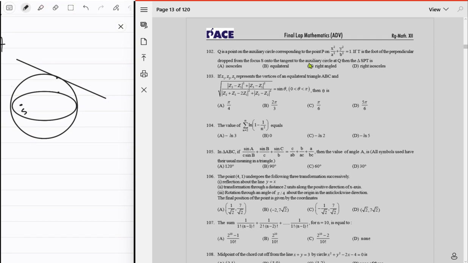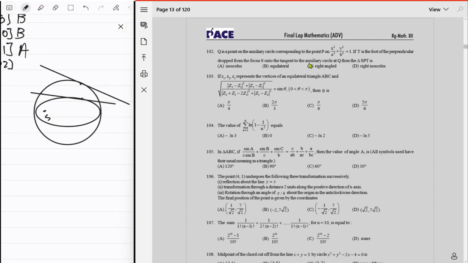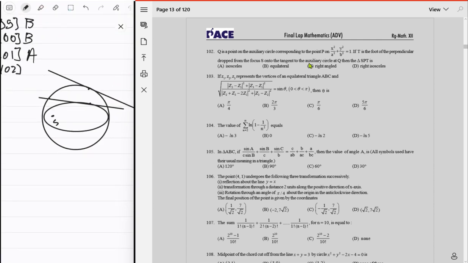If I draw it, it cuts here, which means this can't be the focus. Slightly like this. Better, right? This is the tangent, and we want a perpendicular to it. This is our S point, which is perpendicular to this.